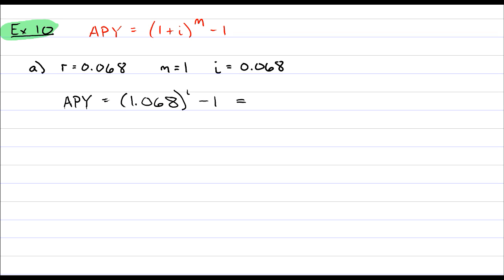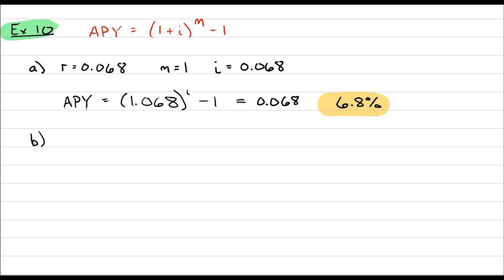And if I go through and calculate that, I certainly just get 0.068 back out. So it comes as no surprise that the APY for this annual compounding rate of 6.8% is, again, just 6.8%. Okay, so let's look at a more interesting example.